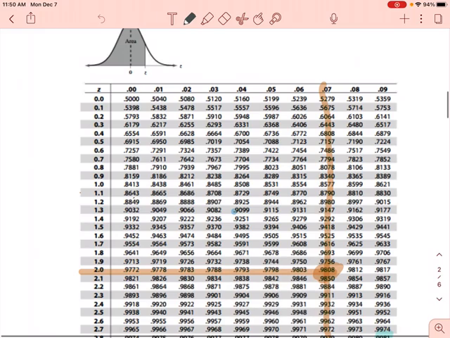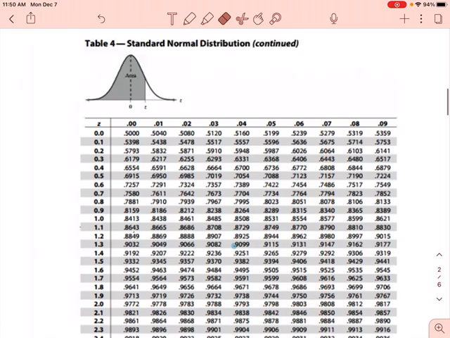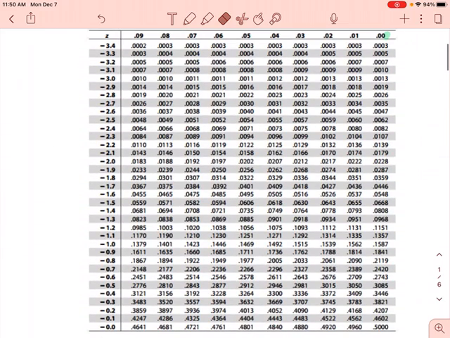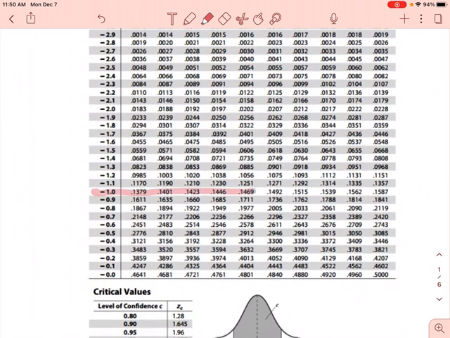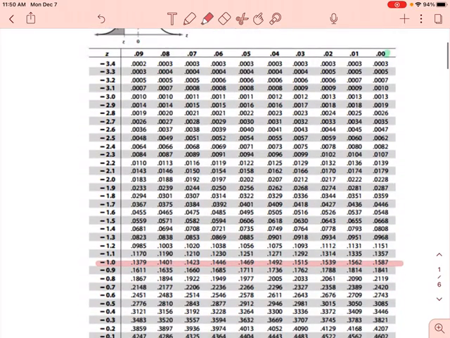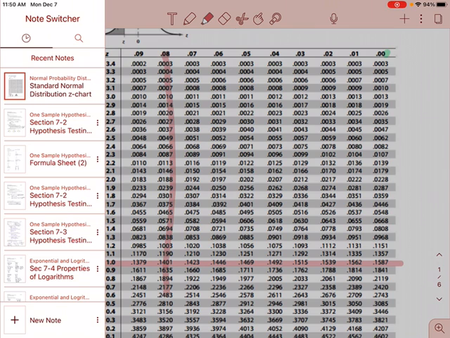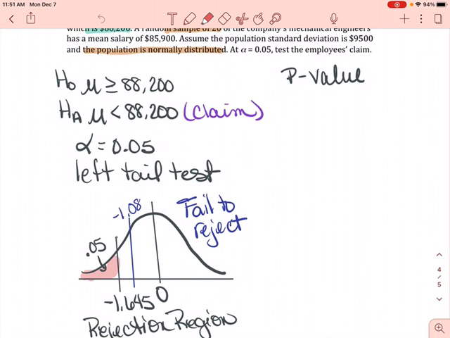Okay, so negative 1.08. I get 0.1401. Compared to an alpha of 0.05, this is greater than.